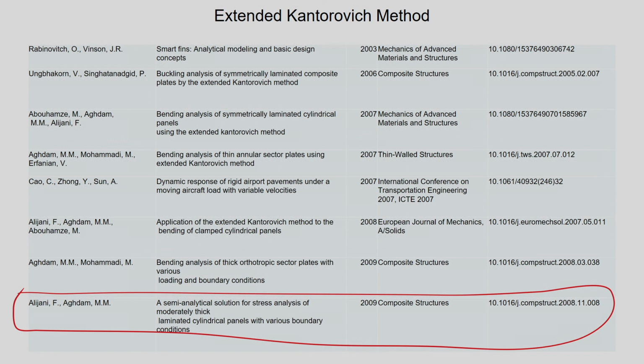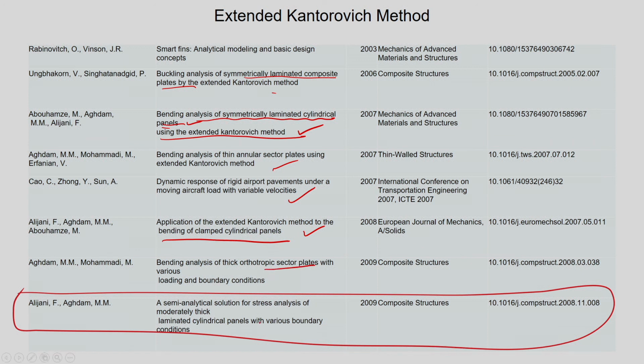So, this is buckling analysis of symmetrically laminated composite plate, and then cylindrical panels using the extended Kantorovich, bending analysis of symmetrical laminated cylindrical panels using extended Kantorovich method. Then the sector plates, then different pavements and the clamped cylindrical panels, then thick sector plates.